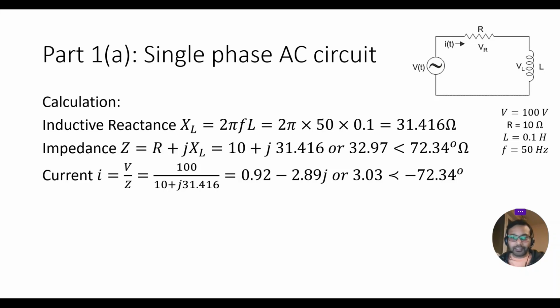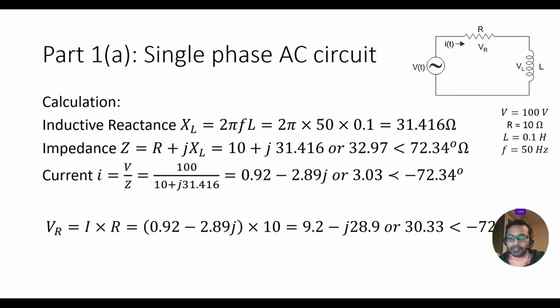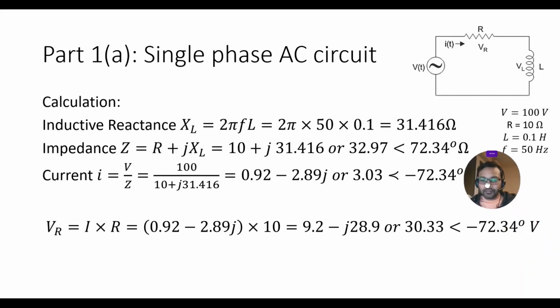You can verify it. The next thing is the voltage across the resistor. We know the current, so we can calculate the voltage across the resistor. This is again the peak voltage, and from the waveform we have just now verified, it's around 30 volts.